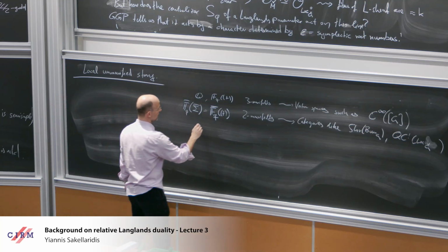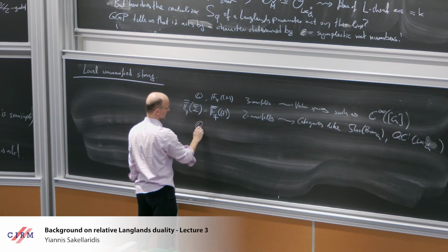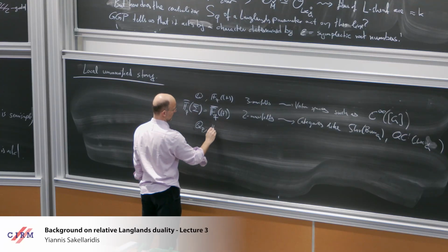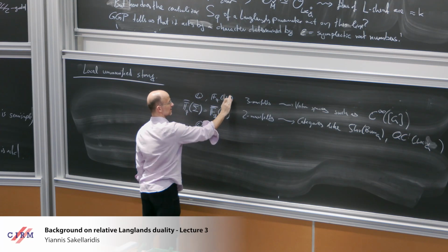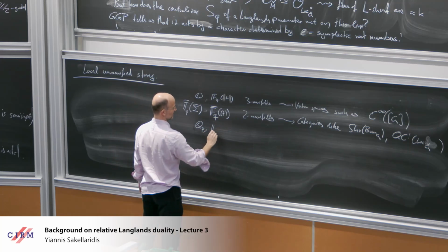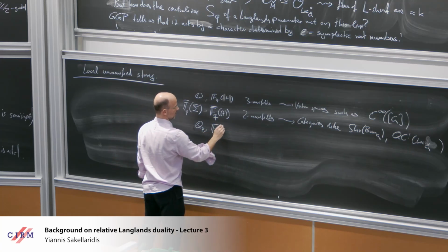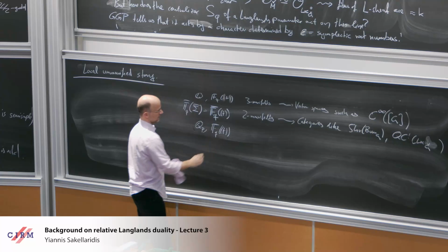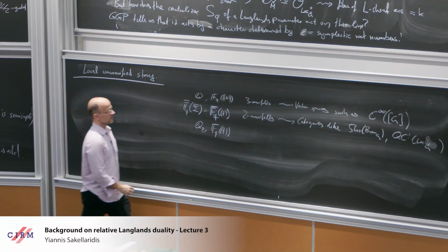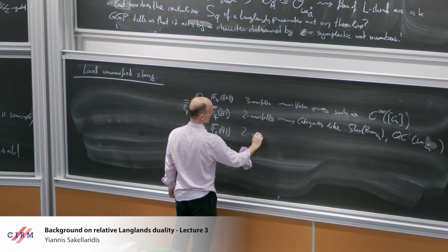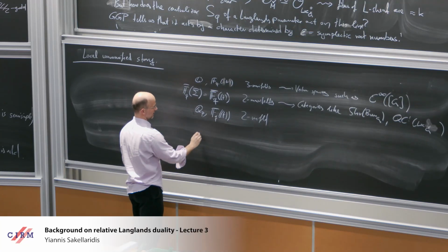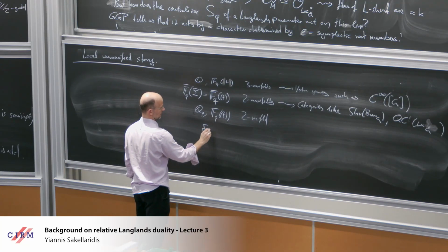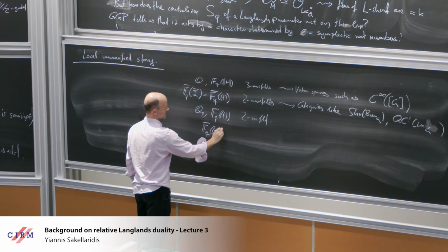And then we have the local fields like Q_p. Sorry, what did I write here? Sorry. One bracket. So here we have, these are also two-manifolds. And then you can take something like that.